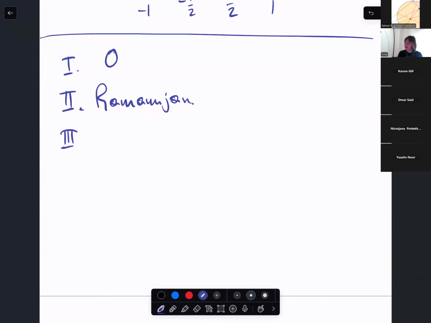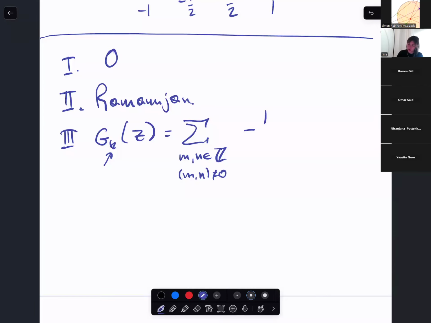Just one more example, just to see it, is a function called the Eisenstein series, which is labeled by k, which was that parameter which we fix, and it is defined to be the sum over integers m and n such that they're not both 0 of 1 over m plus n z to the k.